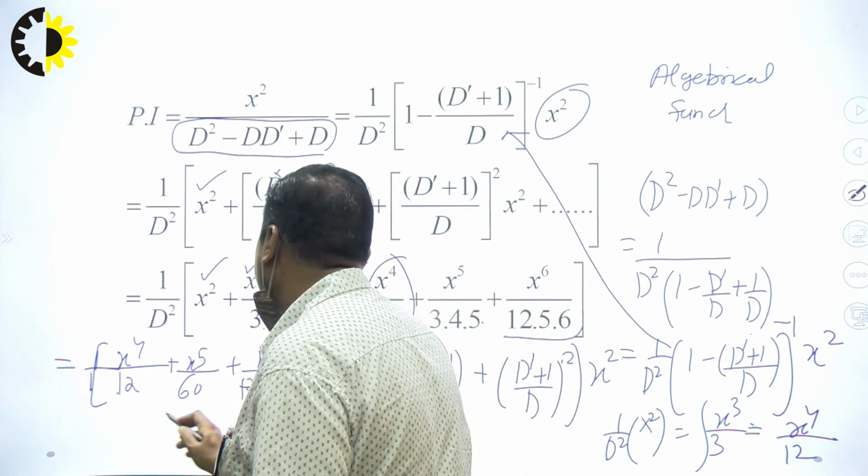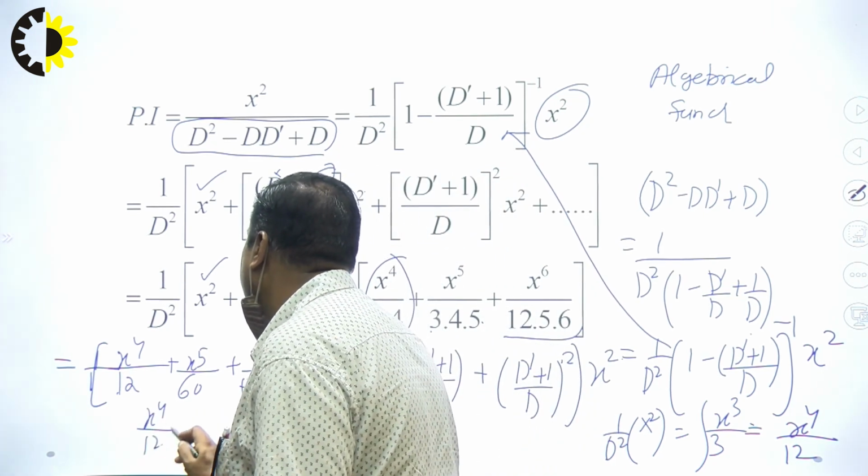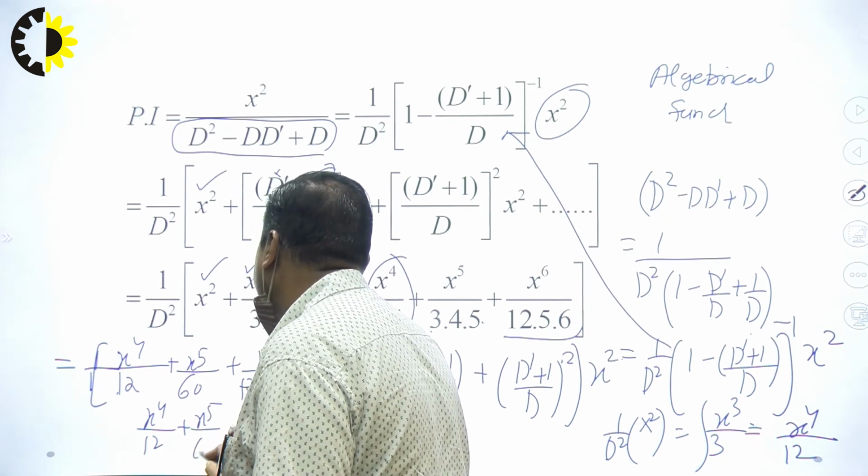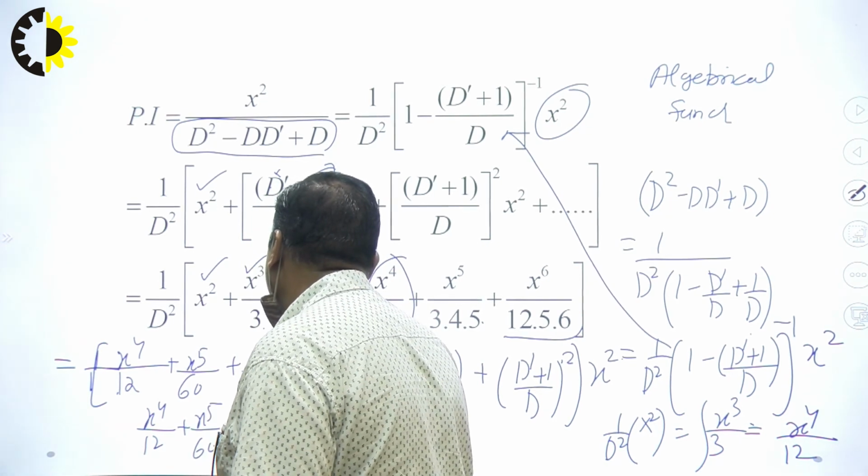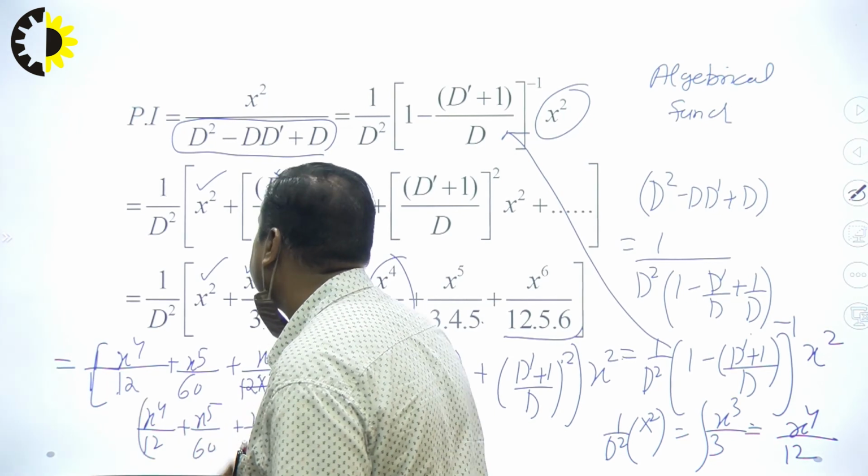That is the term: x power 4 upon 12 plus x power 5 upon 60 plus x power 6 upon 360. That is the PI.